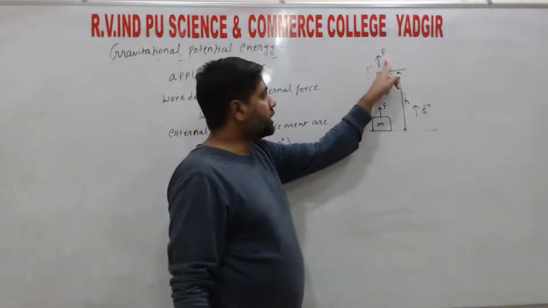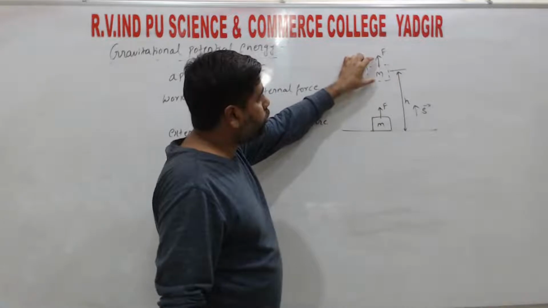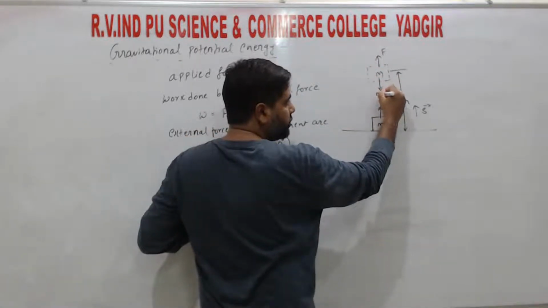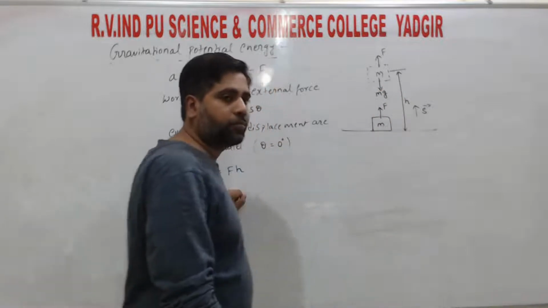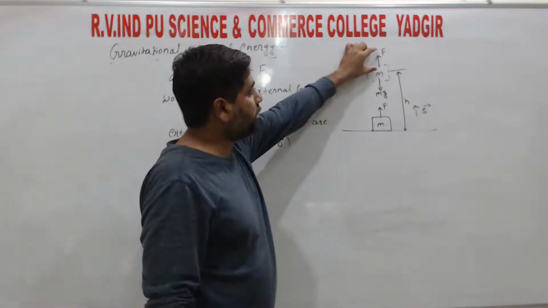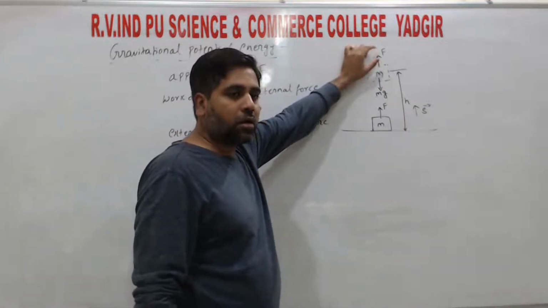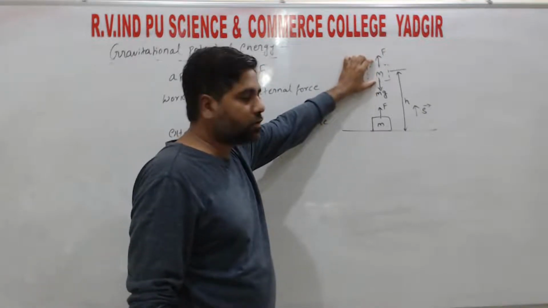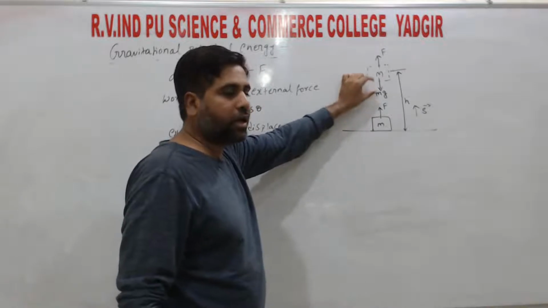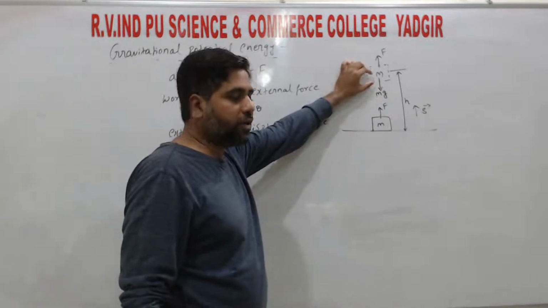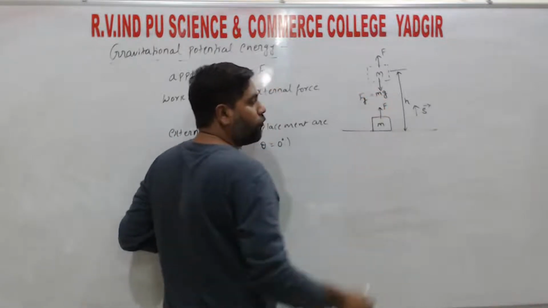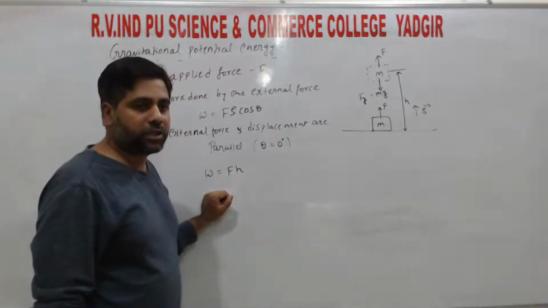The force acts, and this force is balanced by the gravitational force, that is mg, right? If there is an object, this force has to be balanced by another force. That force is balanced by the weight of the object. So mg we call the weight of the object. That weight of the object is equal to the gravitational force, which we call Fg, right?